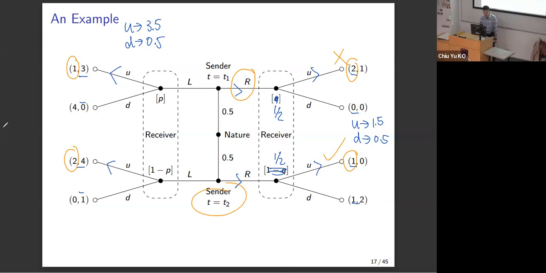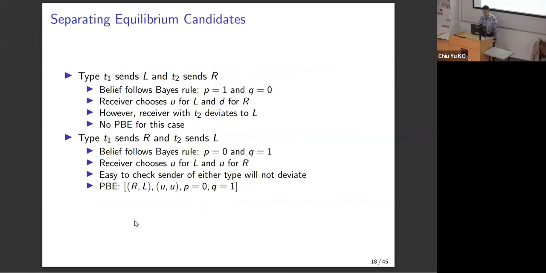So in this example, there is no pooling equilibrium.